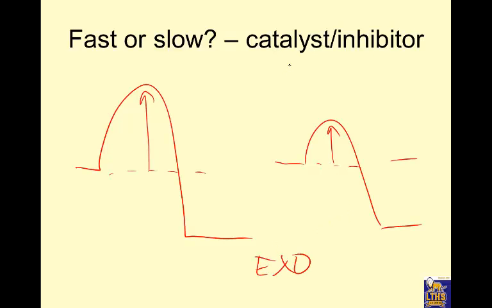Well, what does a catalyst do? A catalyst might give this slower reaction a new pathway so that it only needs this much activation energy. So instead of using the old mechanism that required this much energy, it only needs that much. So a catalyst increases the rate by lowering the activation energy. An inhibitor messes with the catalyst so it can't do its job as well.